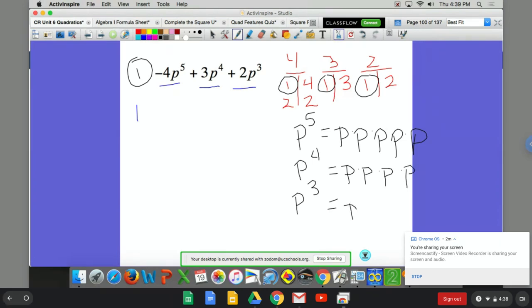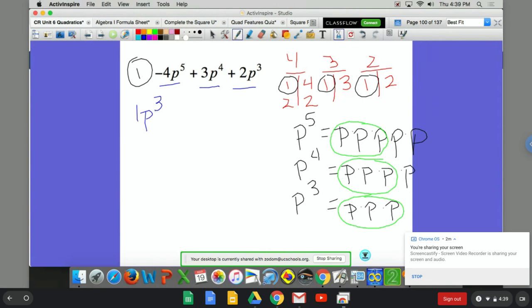And p to the 3rd is 3 p's. So how many do they have in common? Now, we could also just remember that we're always going to pull out the smallest exponent. Well, the smallest exponent in this case is the 3. And if you will notice, they all have 3 p's in common. So we're going to pull out p to the 3rd.